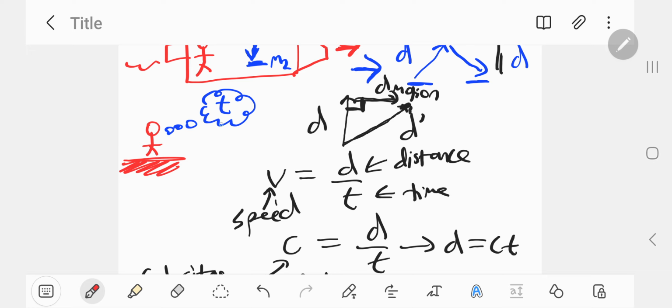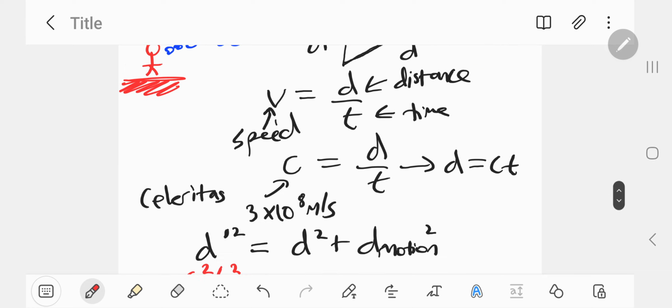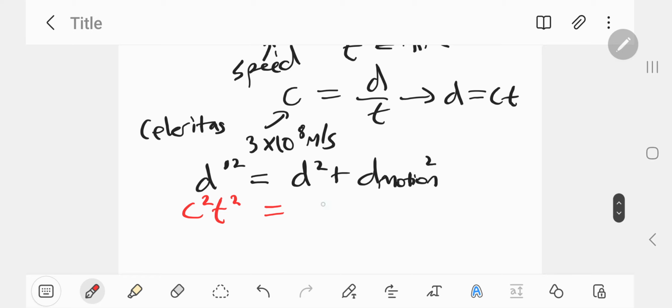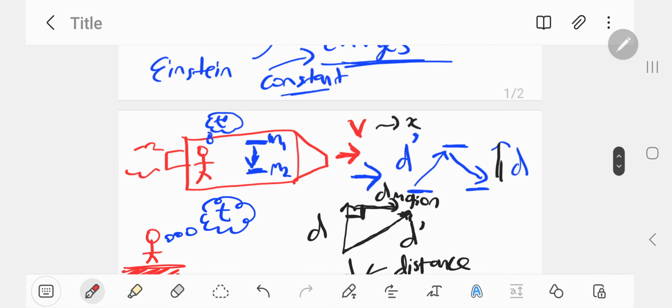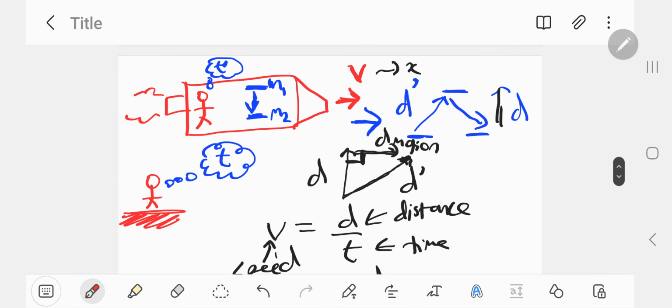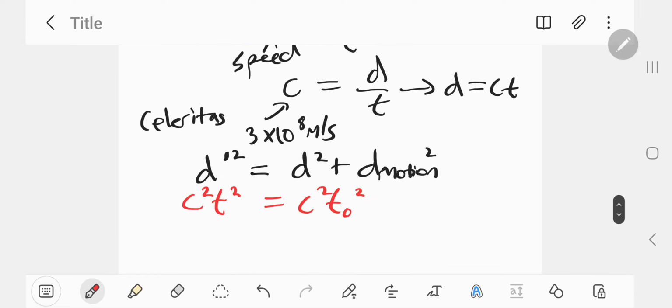He's looking at what's happening and measuring the time in terms of t. And that's equal to d squared. Now d squared is c squared t sub naught squared. Should be t sub naught, my apologies. t sub naught is the time measured by the guy on the spaceship that's moving relative to the guy on the ground.